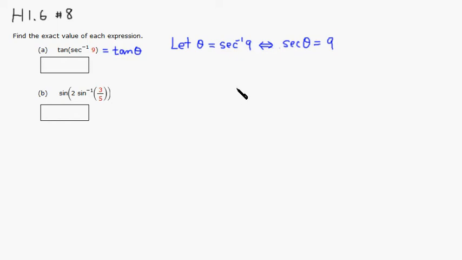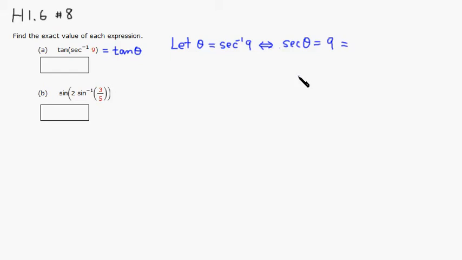Then we're going to try to draw a right triangle using this information: secant of theta is equal to 9. Remember that the secant of theta is the reciprocal of cosine, and cosine is adjacent over hypotenuse.